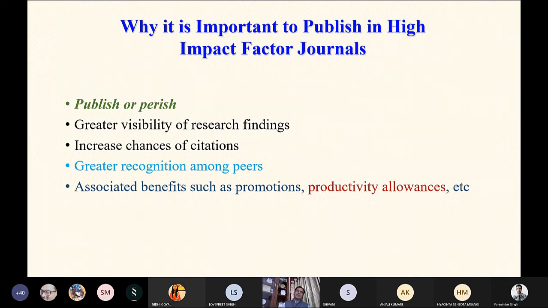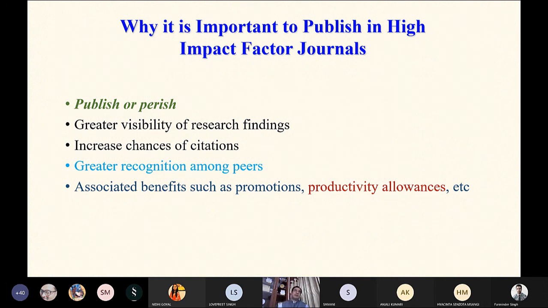Even if I talk about different universities, more specifically the IITs, NITs, and IIMs, they give financial incentives to their scholars and teachers if they are able to get a paper published in a high impact factor journal.